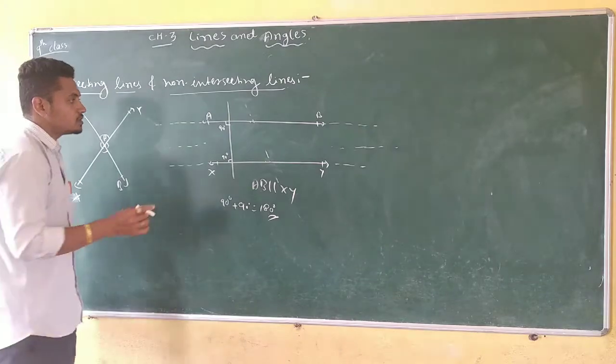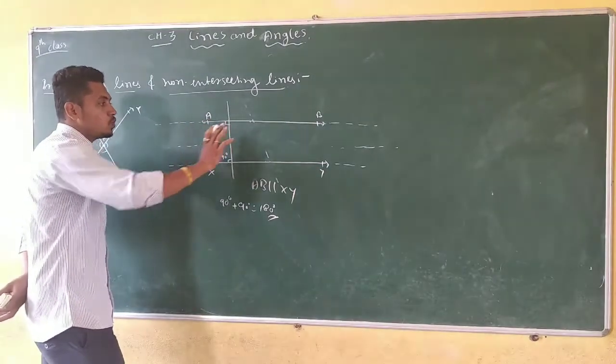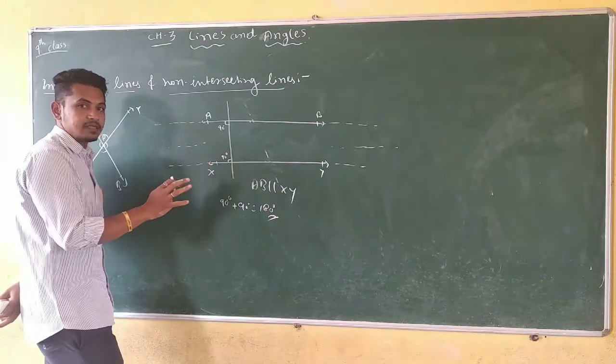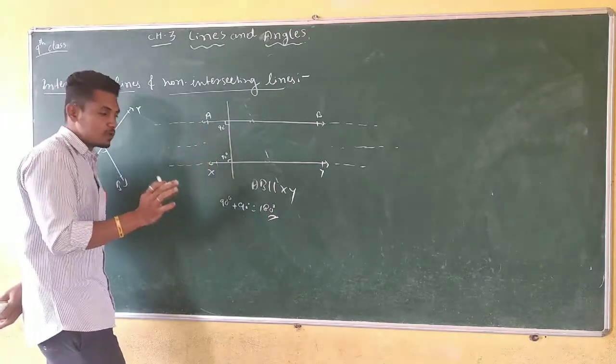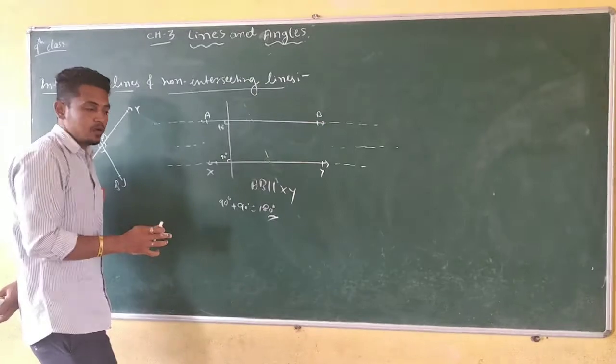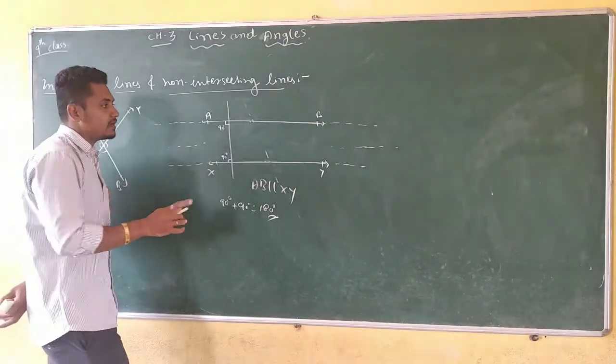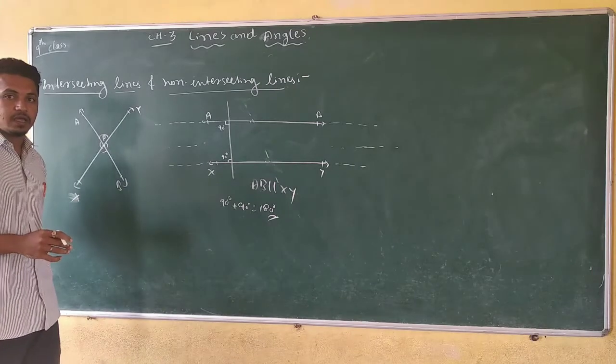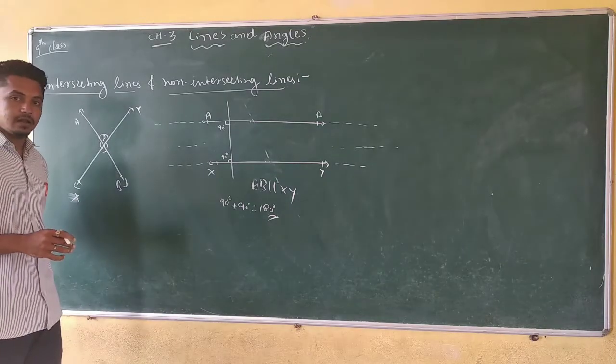Why? Because on two straight lines, when one line falls on them and their interior angles equal 180 degrees, at that time these two lines are called parallel lines.